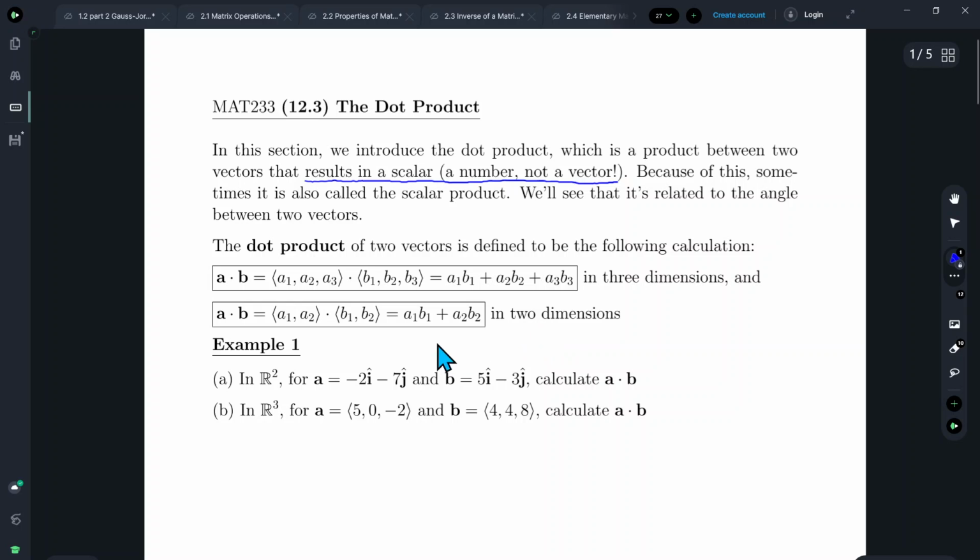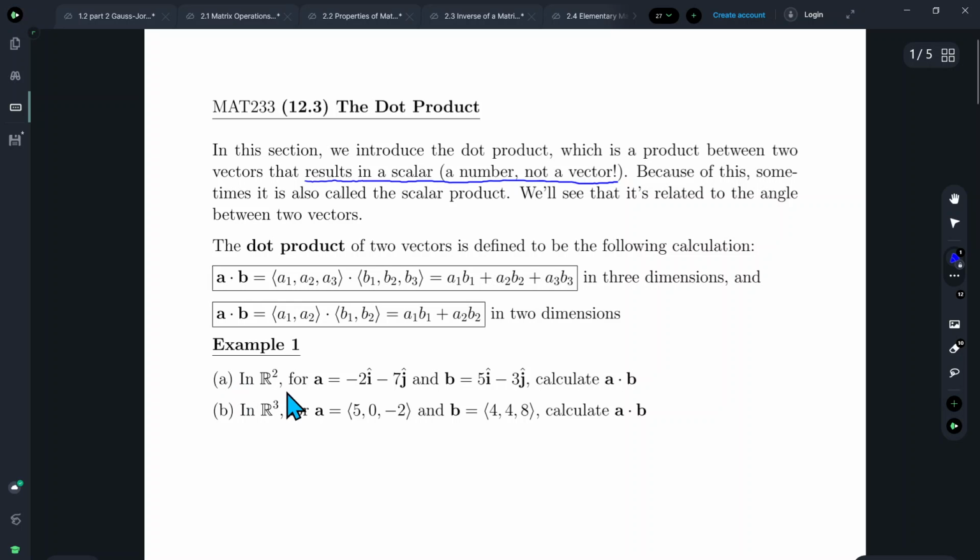Similarly in 2 dimensions, you multiply the corresponding components together and then add them all up, and again the result is a number. With the dot product defined in this way, let's take a look at example 1 to do some calculations.